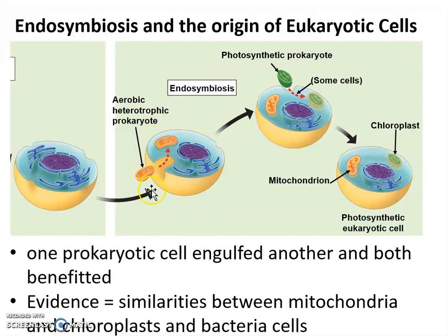And if you think about this process, it's being eaten, but it's not being digested inside of that cell. And it turns out that these cells benefited from this process. The one that was inside got protection, and the bigger cell was able to evolve, and it started to get more and more energy from what was now the mitochondria, and these two cells living together were able to benefit from this process.